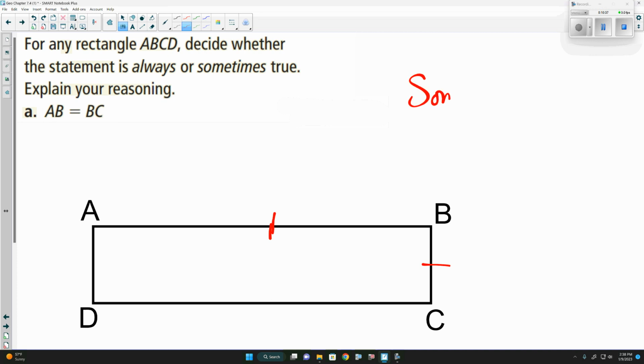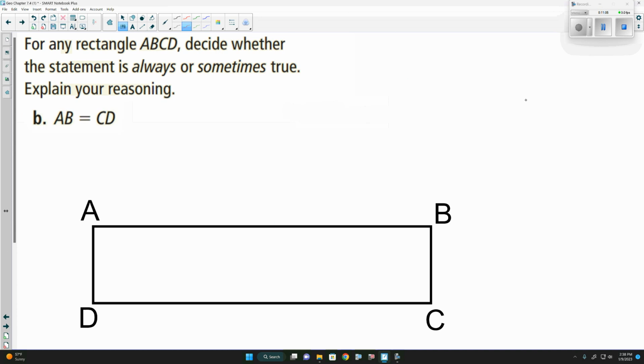It's going to be when it's a square, because we know the opposite sides are congruent, but all four sides is going to be only when it's a square. Questions on this here? We ready for the next one?